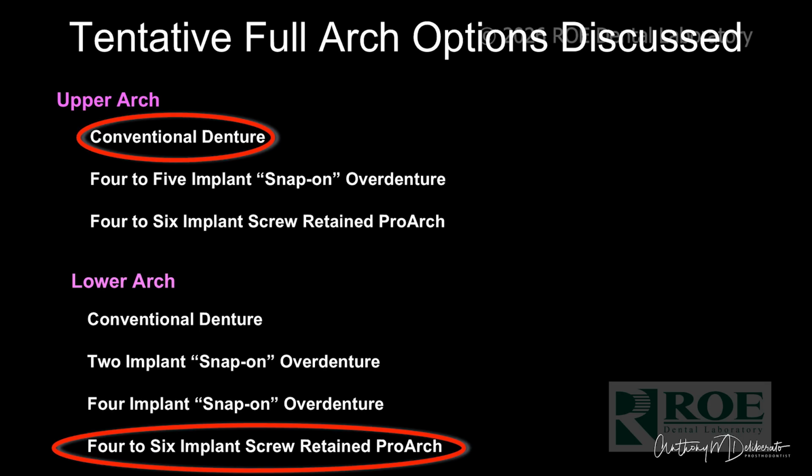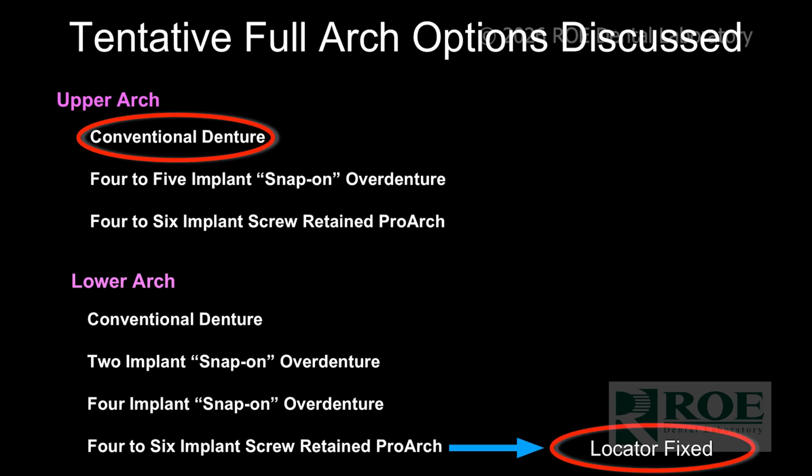I think I made this slide wrong. I can't remember if he was going to go for a screw-on or a snap-on, so let's just proceed. I think he didn't want to pay the money for the screw retained, so he did do a locator at a reduced fee.